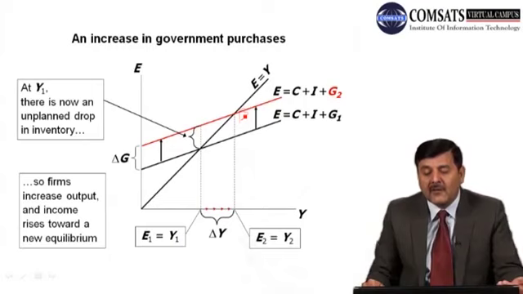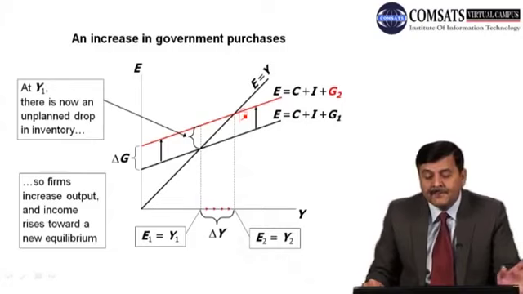E1 was the first planned expenditure, where we have G1 level of government spending. If there is an increase in government spending from G1 to G2, the planned expenditure of the economy will also go up, the curve will shift upward, and the new equilibrium is at this point.